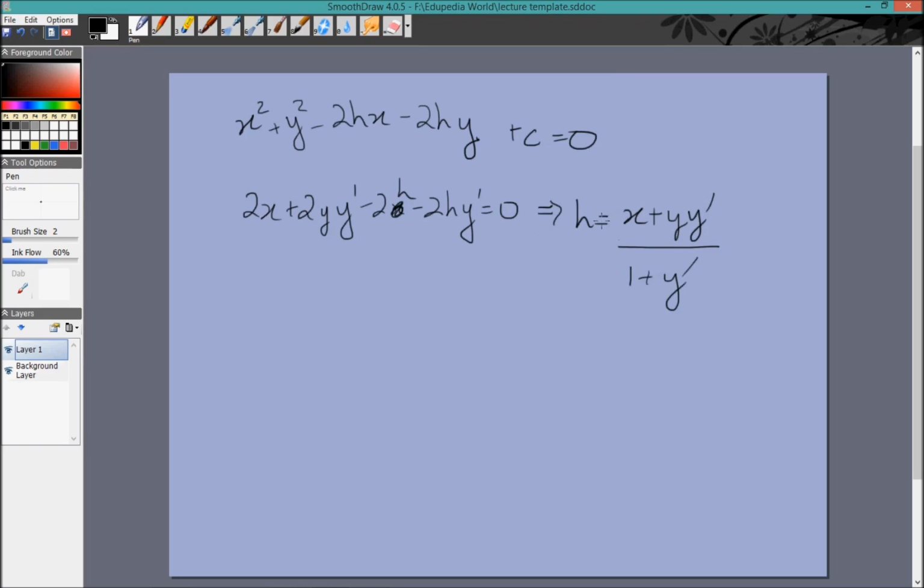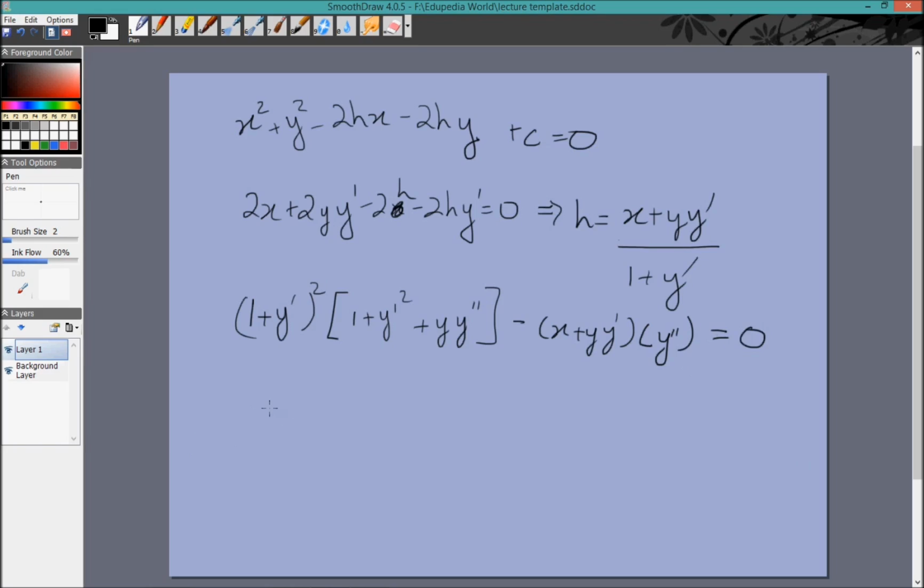We can differentiate again on both sides. The derivative of h will be 0 because h is a constant, and the denominator will not matter anyway, so we'll get 1 plus y dash whole squared times the derivative of x plus y dash, that will be 1 plus y dash squared plus y double dash minus x plus y dash times y double dash. We are given this is equal to 0, right?